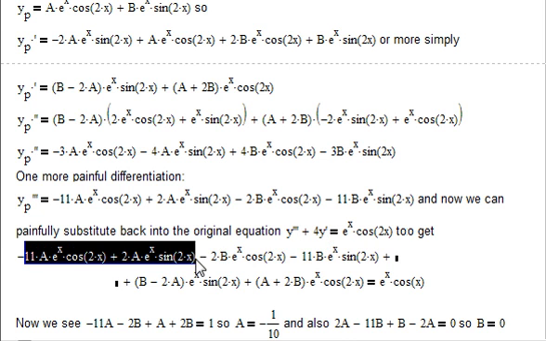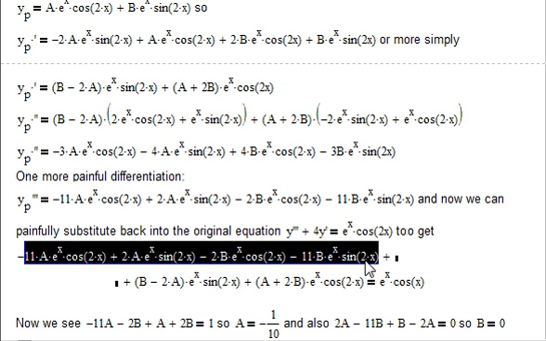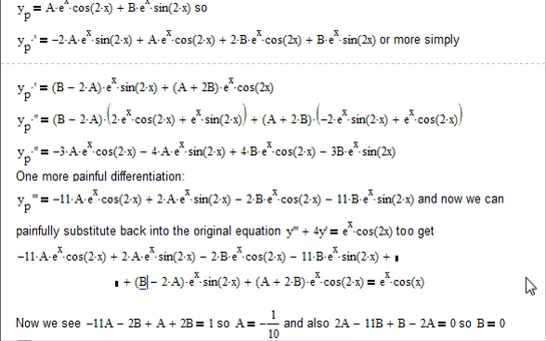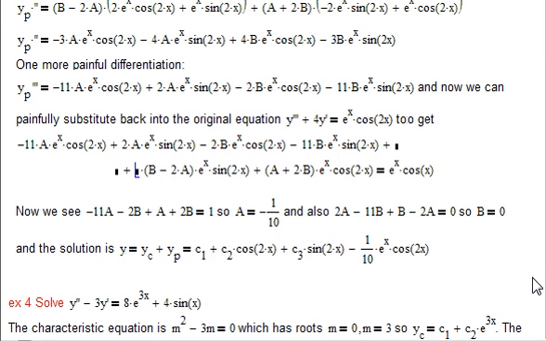Here's the third derivative plus 4 times, where's my 4? Four times, there we go, the second derivative.